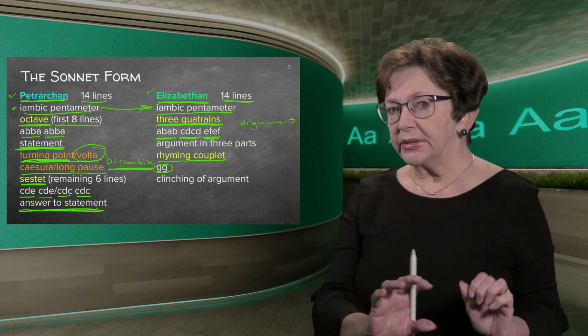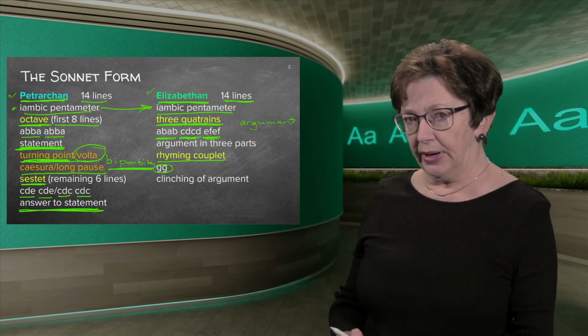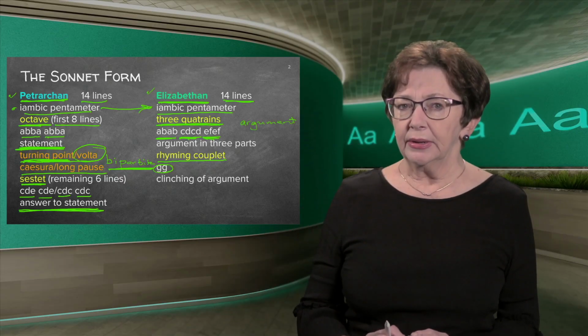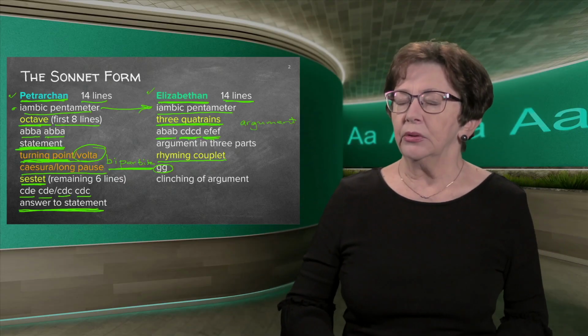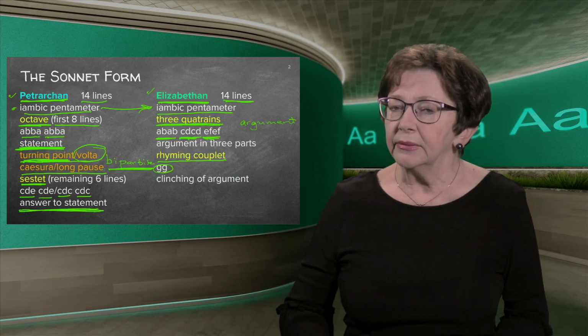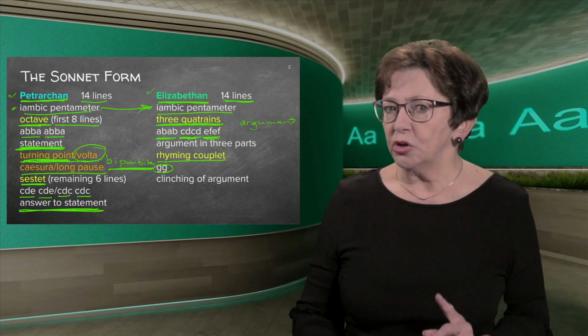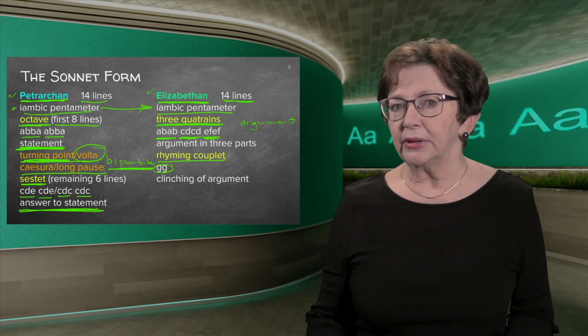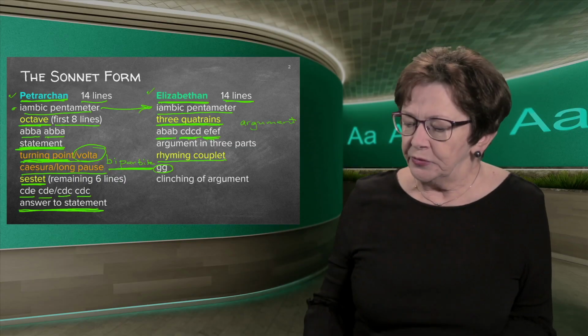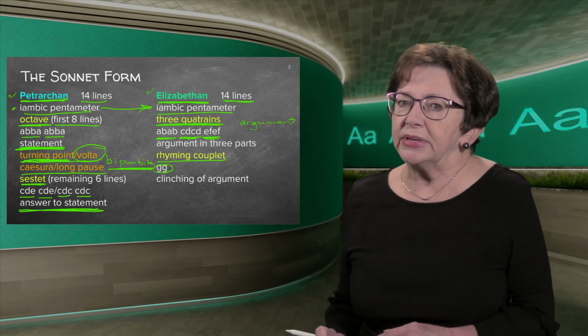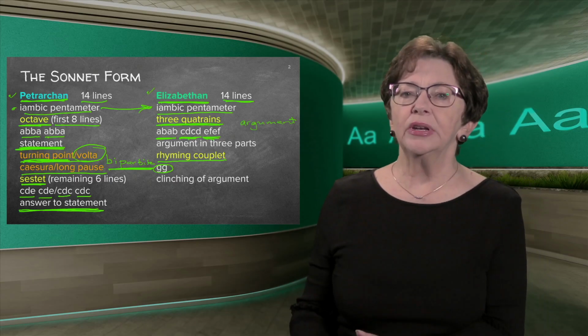One aspect, then the second aspect, then the third aspect. And then, of course, you've got the couplet, where everything comes together in a clinching conclusion. The argument is concluded. Not always in Shakespearean sonnets a logical conclusion to what you've heard before, but the poet's clinch to his argument.